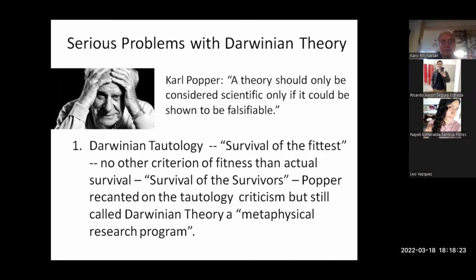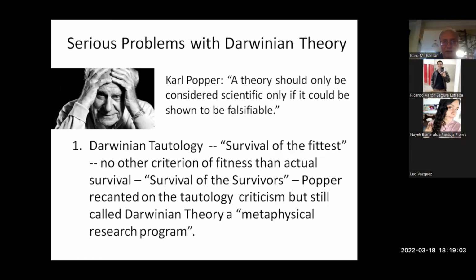So there's a whole plethora of different characteristics which you could attribute to being useful for adaptation. So then the theory becomes something like survival of those that survive. Being better adapted means being able to survive. So really the theory of Darwin is saying nothing more than survival of the survivors. This was a tautology which Popper suggested was inherent in Darwinian theory.